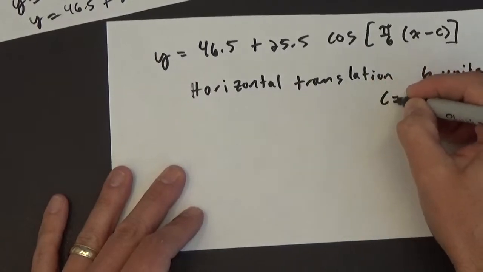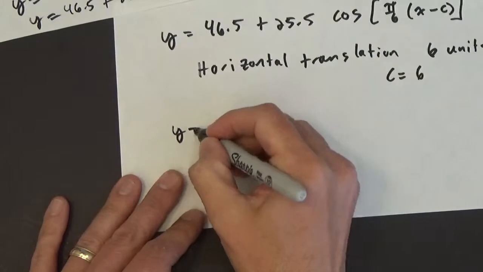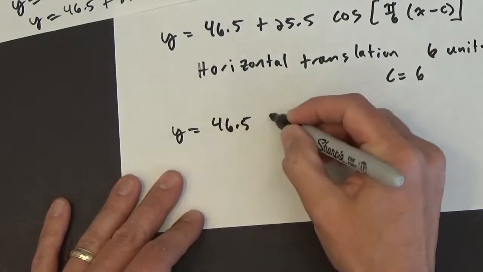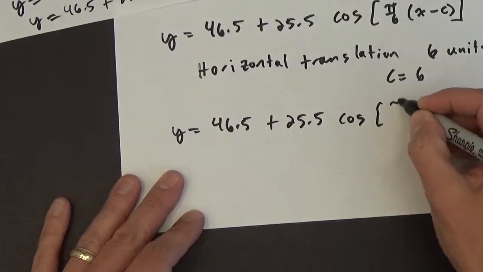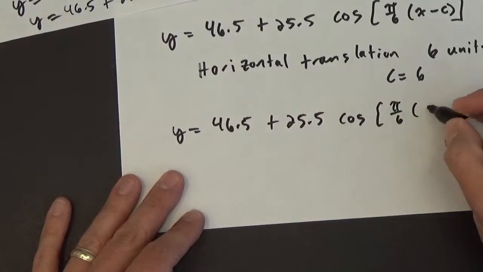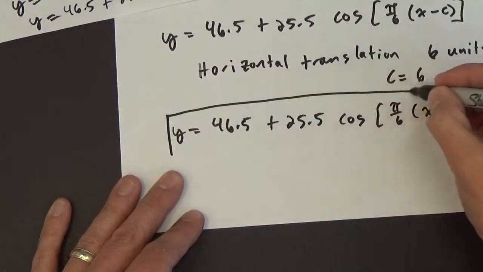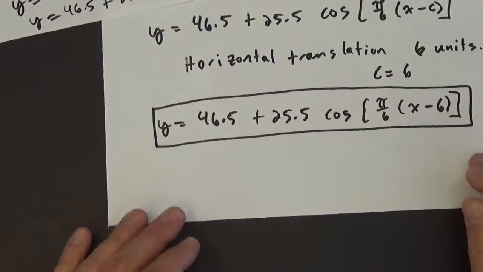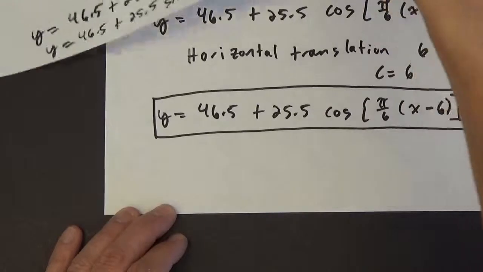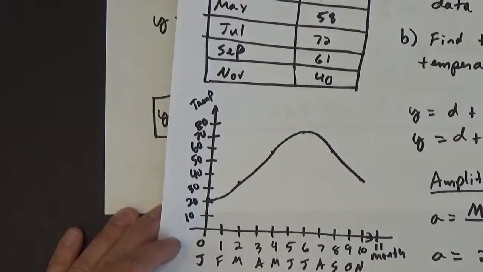In this case, c equals 6. And so our final equation is y equals 46.5 plus 25.5 times the cosine of pi over 6 times x minus 6. And there we go. So that trigonometric function models this behavior of normal monthly temperature.